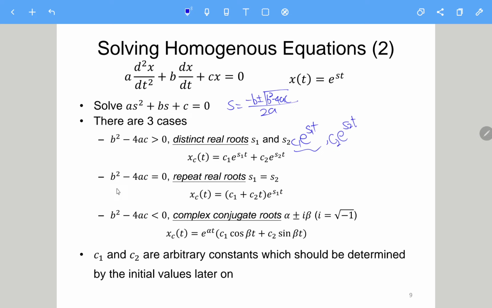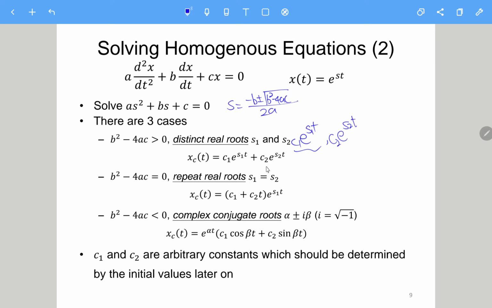And for the second case, if b squared minus 4ac is 0, which means that this term is 0, which means that we have repeated real roots, which is nothing but minus b over 2a.